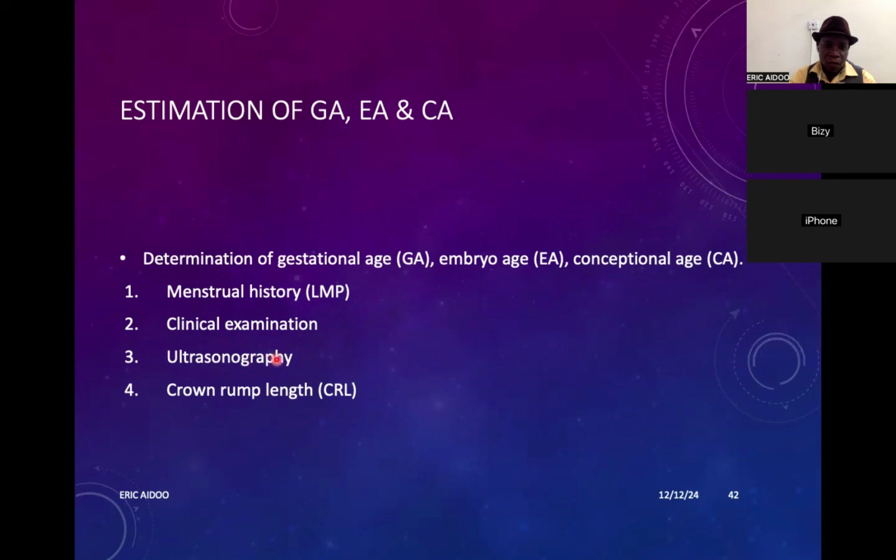You can also use ultrasonography by a qualified radiologist. And the crown-rump length can also be measured from the head all the way to the caudal portion of the embryo to estimate. The notable one is the menstrual history, which most ladies use.